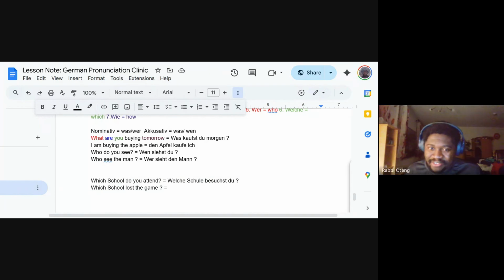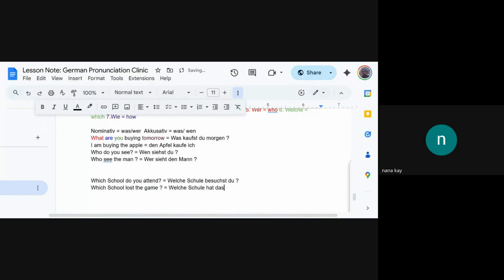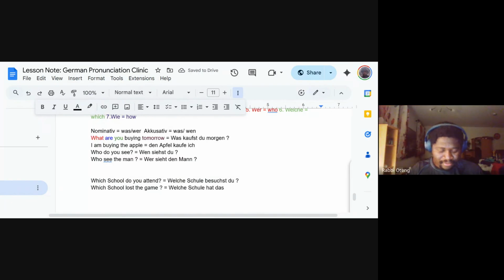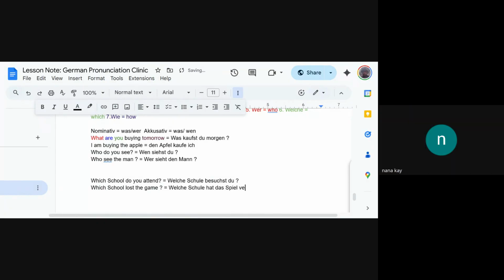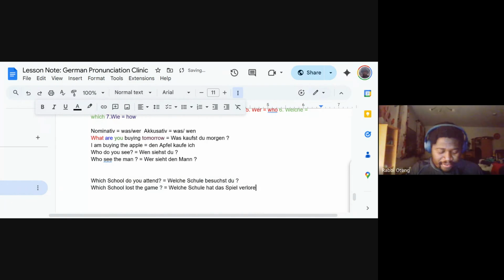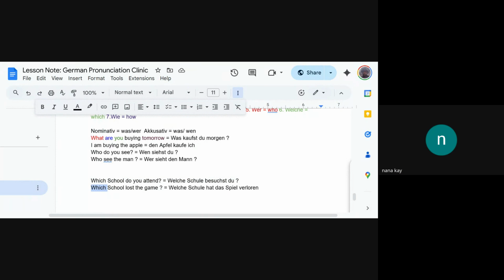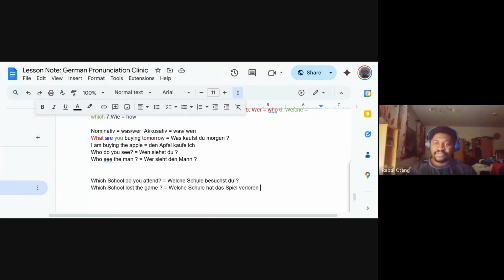Welche Schule, das Spiel verloren. So in this sentence, the game is the direct object, and which school is the main subject, because the verb lost comes after which school. Klar? That also helps you. Das war's.